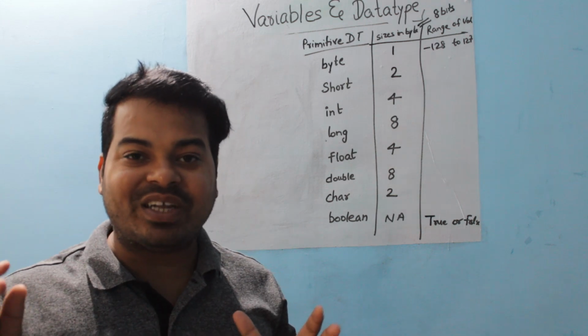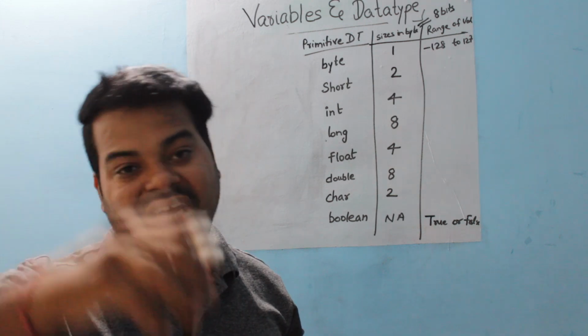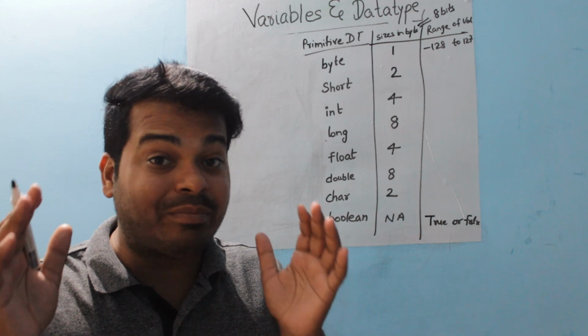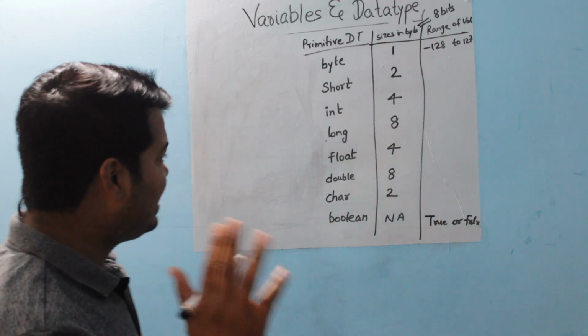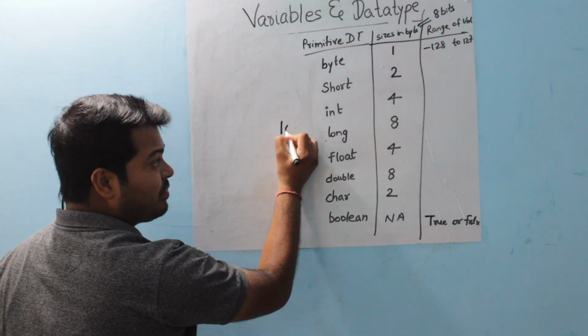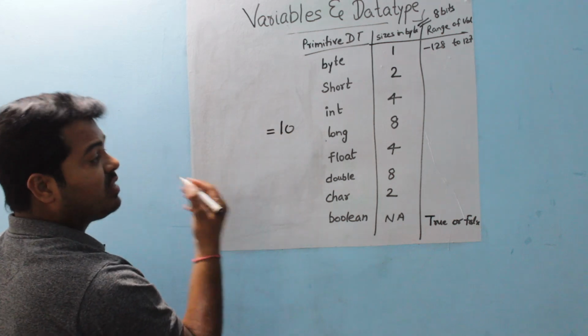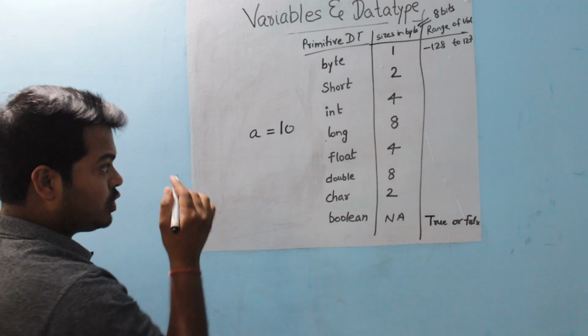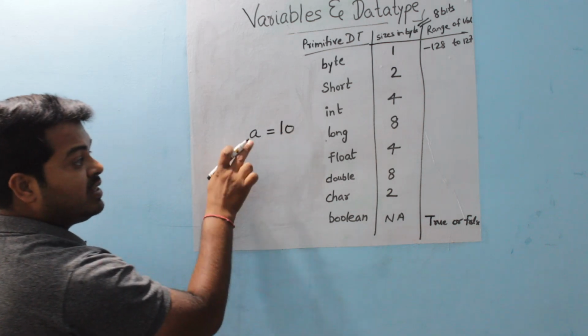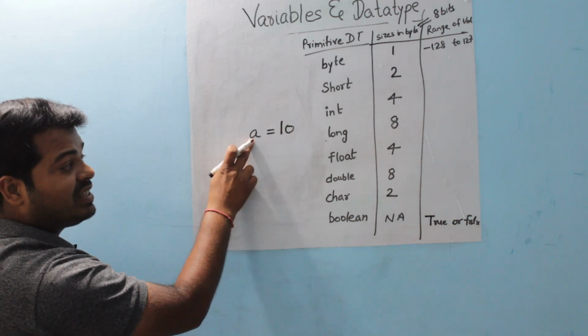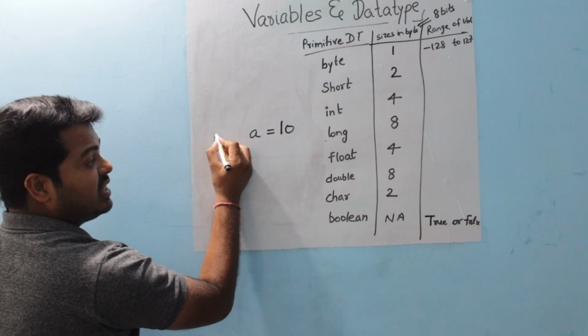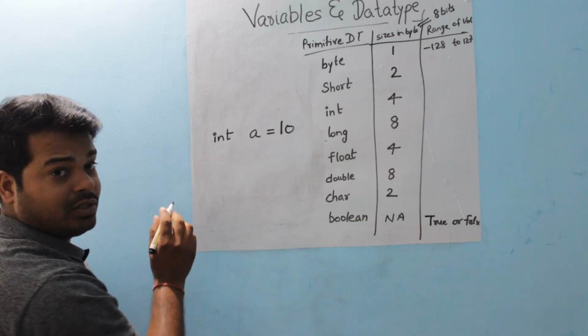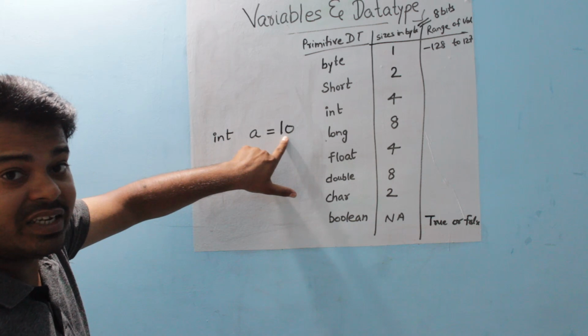Now let's understand the syntax to store a value inside a variable with some data type. Let's say you want to store the value 10 in your variable. The name of the variable is A. The data type associated with this variable is int, because 10 is an integer.